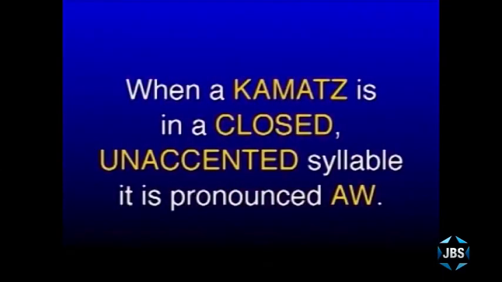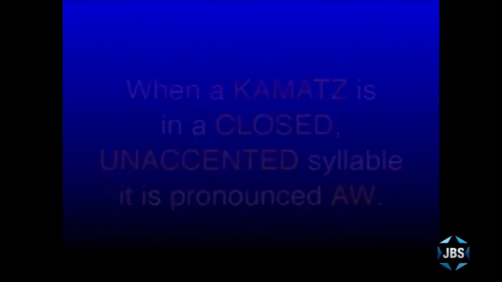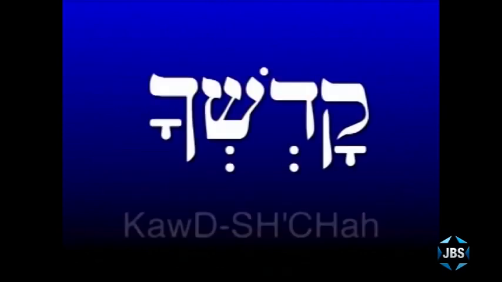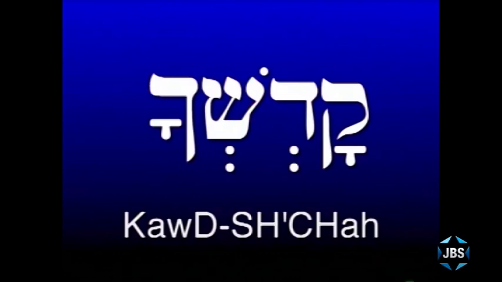Understand, if the kamatz, normally pronounced "ah," just like a patach, comes in a closed syllable, meaning it is followed by a silent shva, and that syllable is unaccented, in that case, it remains "or," as in the Ashkenazic dialect, and this word would be pronounced "kod shecha."